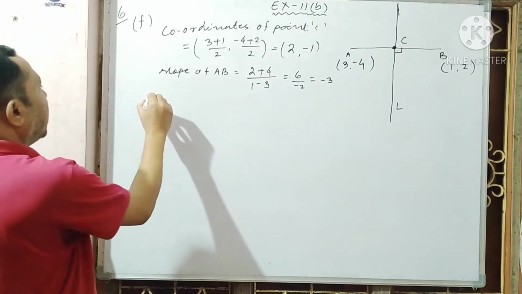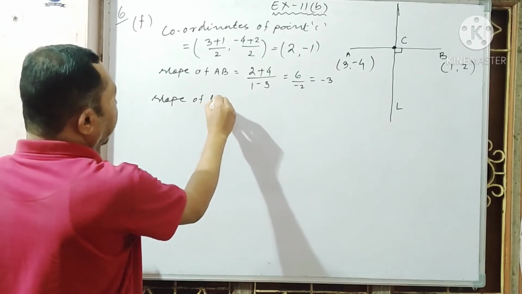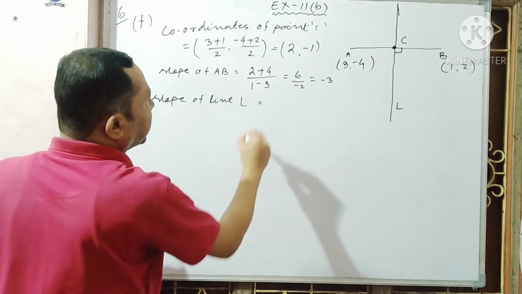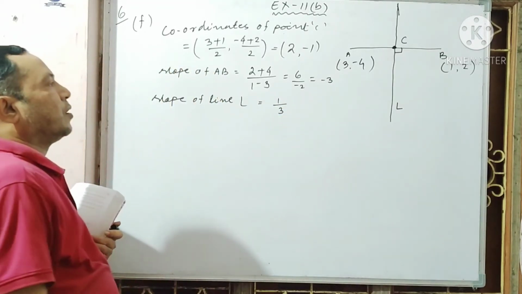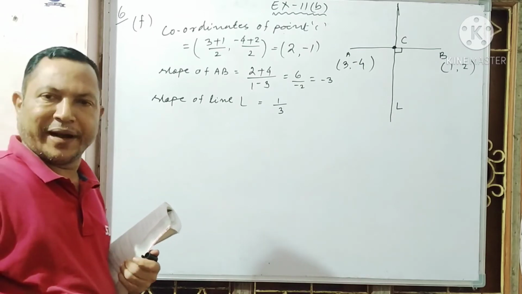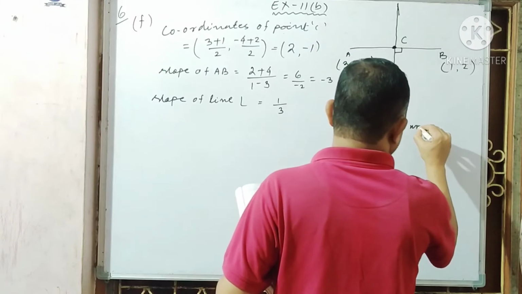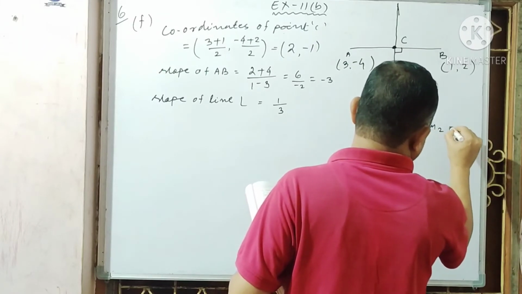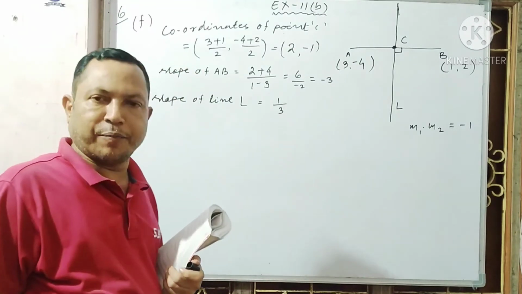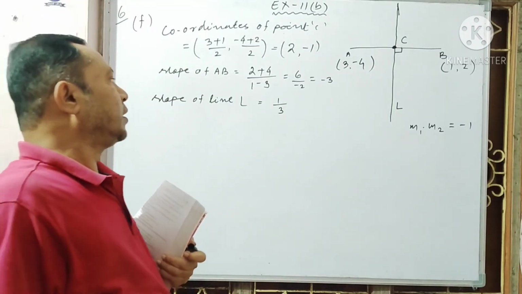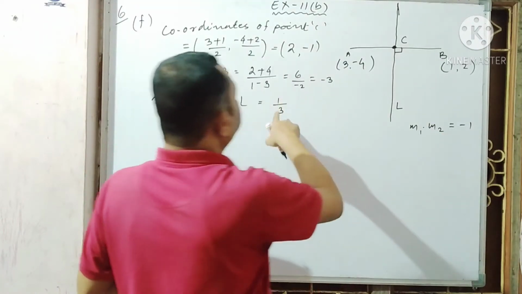So the slope of the line L is equal to 1 by 3, because when two lines are mutually perpendicular to each other, the product of their slopes is equal to minus 1. M1 into M2 is equal to minus 1 when they are mutually perpendicular. So if one is minus 3, the other is 1 by 3.